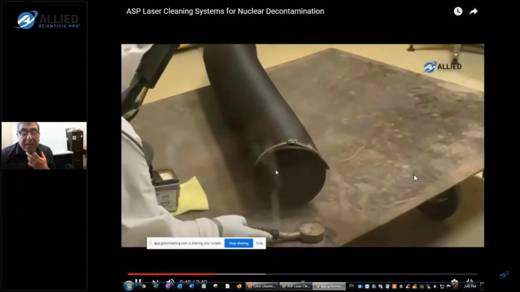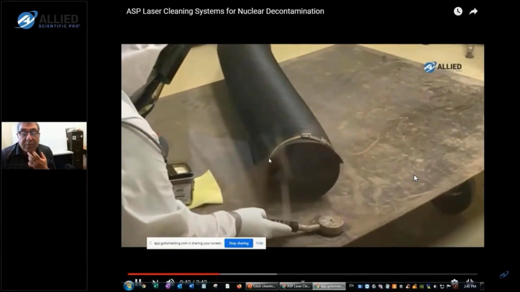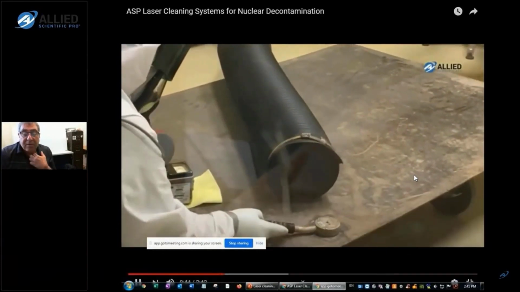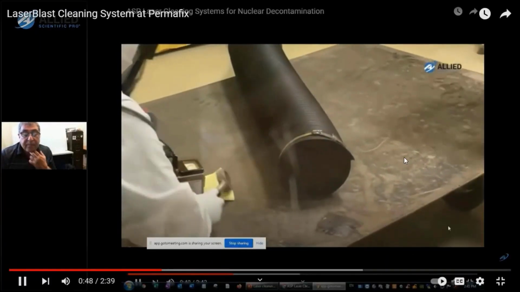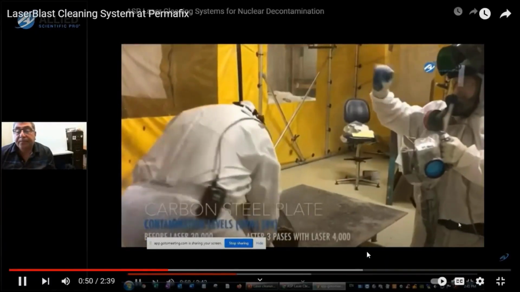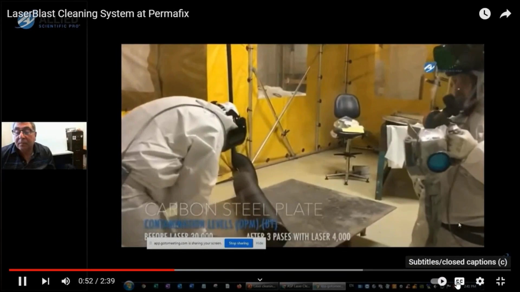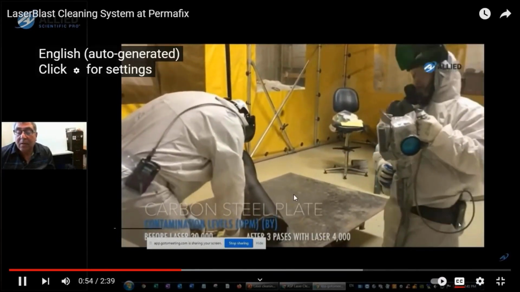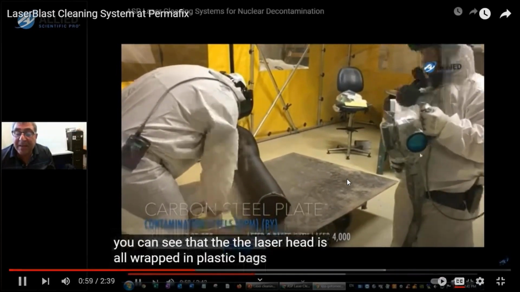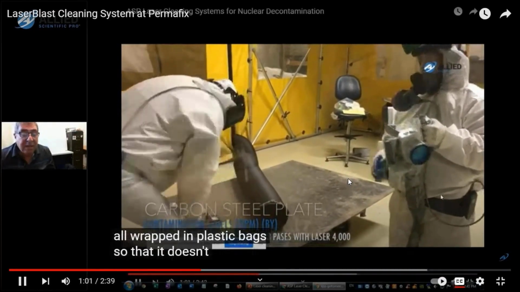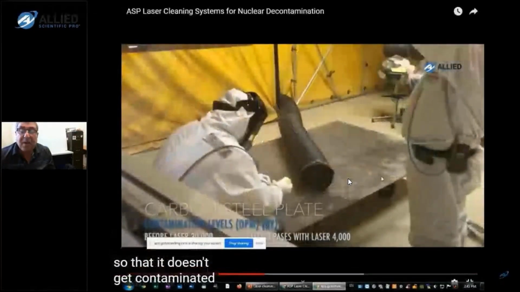And this tube goes to the vacuum pump through the HEPA filter, so it collects all the debris. You can see that the laser head is all wrapped in plastic bags so that it doesn't get contaminated.